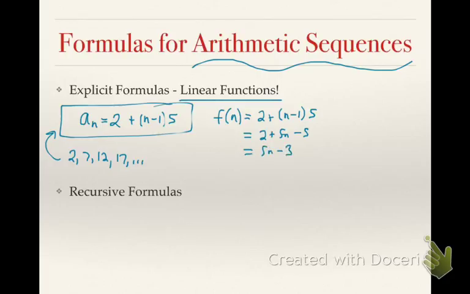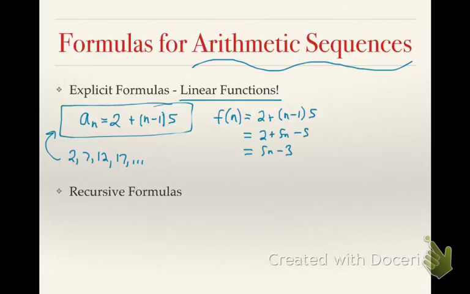If you really wanted to, that's perfectly fine. There's no need to, though. And notice that's just a linear function. It's a very close connection to linear functions. The only difference here is that the inputs are only positive integers.